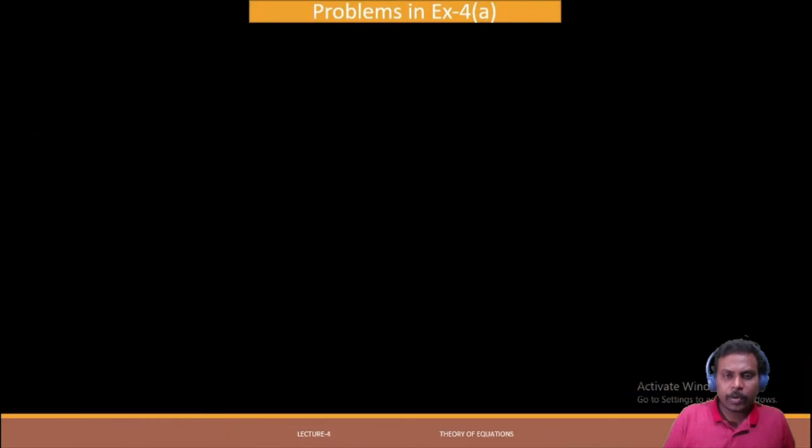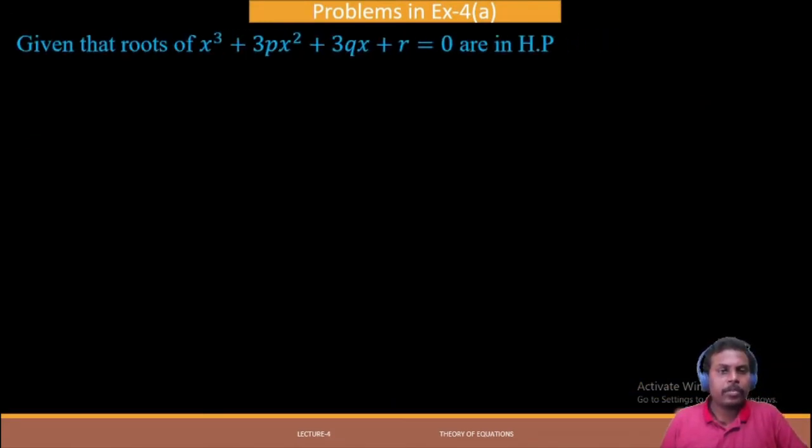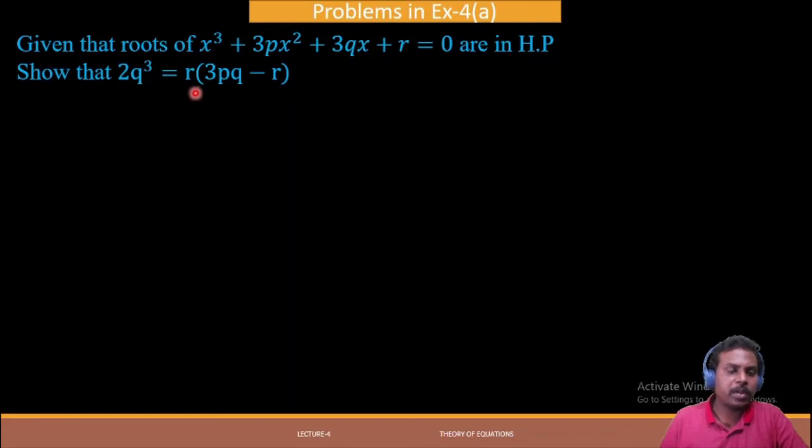Here is our next problem. Given that the roots of the equation x cube plus 3px square plus 3qx plus r is equal to 0 are in harmonic progression, then we have to show that 2q cube is equal to r into 3p cube minus r. Okay. Let us try to find out the solution for this.